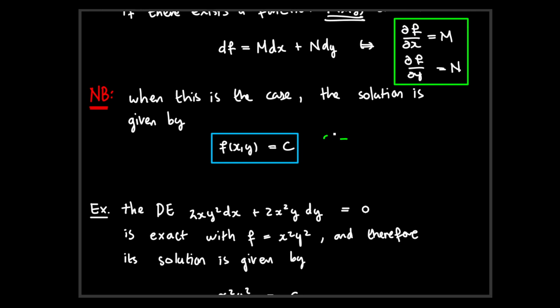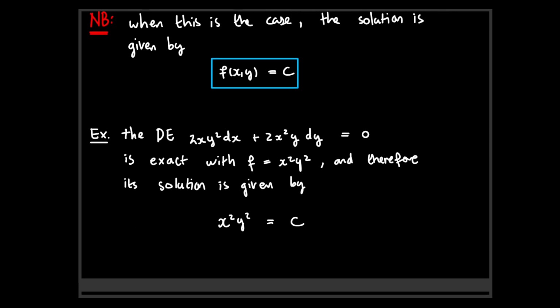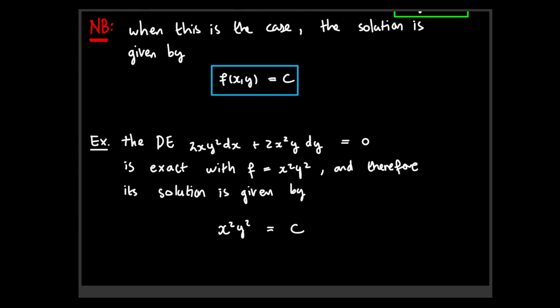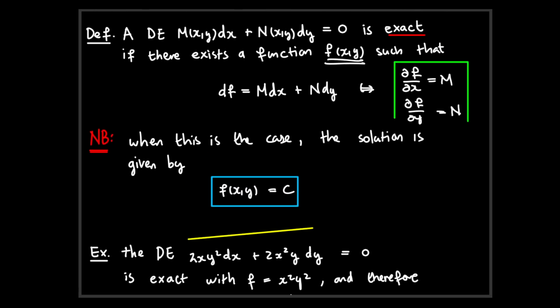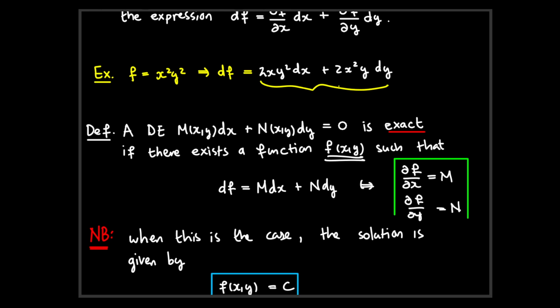Okay, so when we can find such a function, then the solution to the differential equation is presented in this way. For example, imagine we're given a differential equation and we are to solve it. That is to say, we need to find a function f whose differential is given by this left-hand side, and then set that function equal to a constant. Well, we've actually already done this, because you'll see that this is exactly equal to this, and this is exactly the differential of this function.